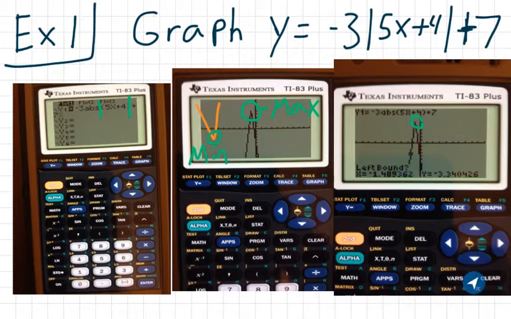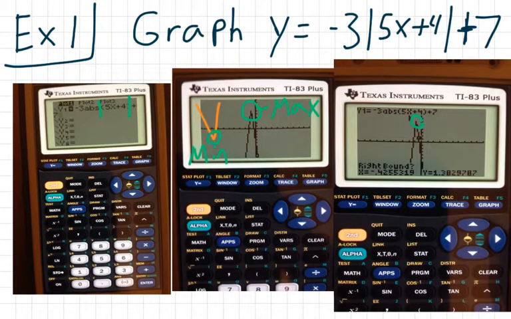So you've picked a point left of that vertex. Then it will say right bound. So you do the same thing just on the right side. So I would basically arrow my cursor over to the right until I got somewhere right of the vertex. Doesn't matter if you're like one spot over or like way down here, just somewhere to the right, press enter.